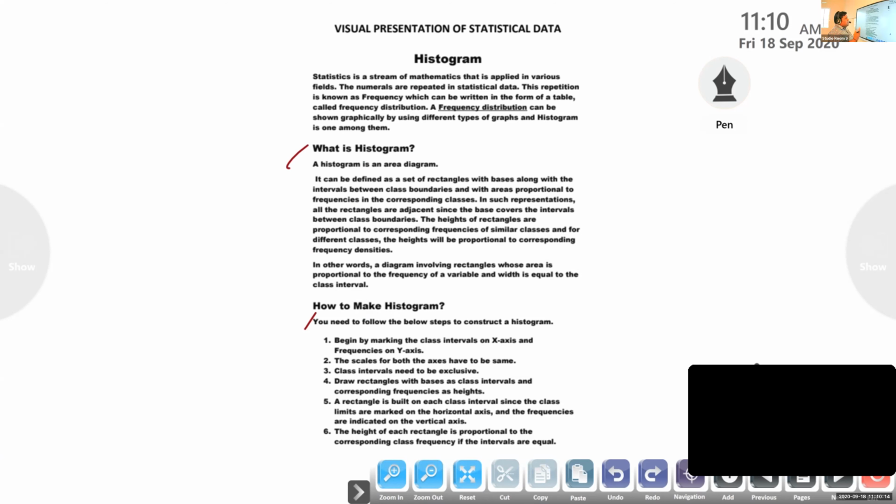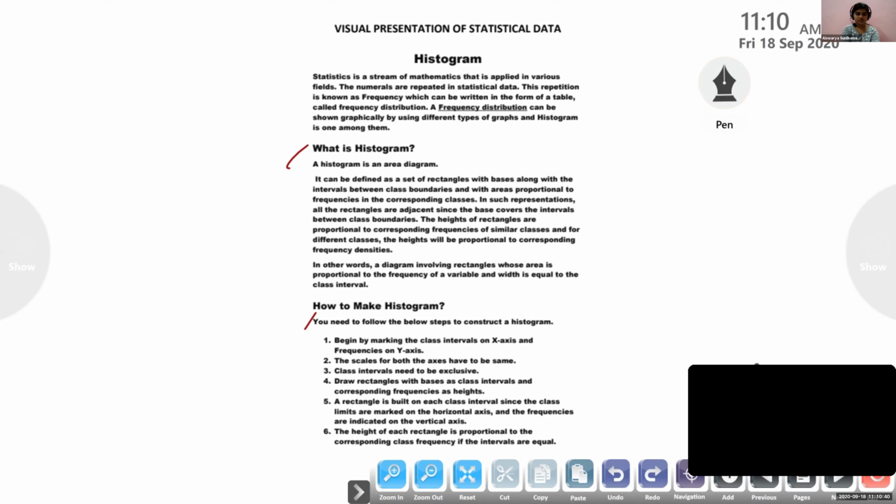One after the other, continuously, and it always shows a double staircase structure. You know the method here: both axes we are using. Scales are also important here. Class intervals need to be exclusive. Class intervals are not that important for us, right or not? Is that exclusive or inclusive? Class intervals.